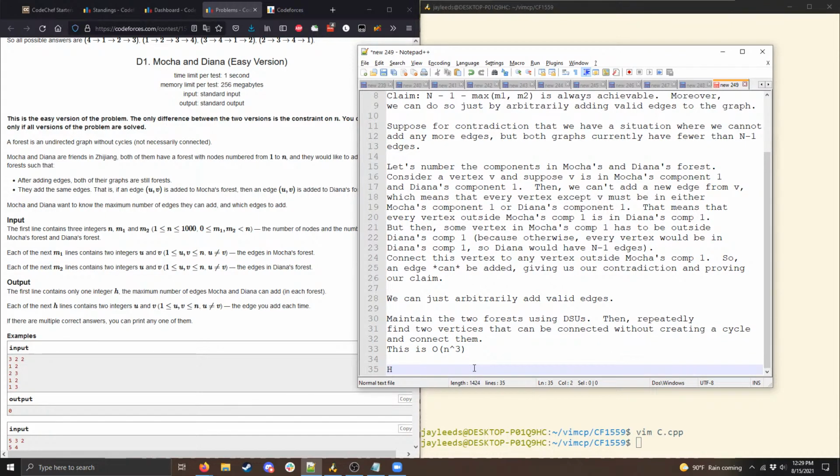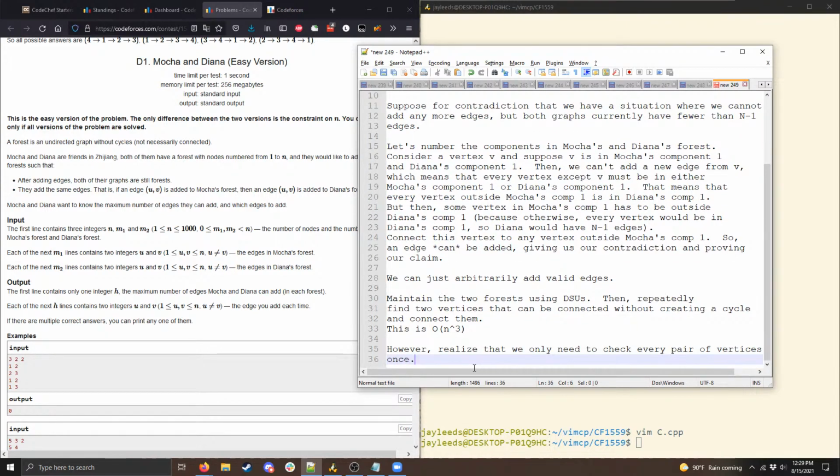But the idea here is, you should realize that we only need to check every pair of vertices once. The reason is that suppose the edge VU would create a cycle, then we don't need to go back and check VU again after adding more edges, because adding more edges isn't going to make this stop being a cycle.